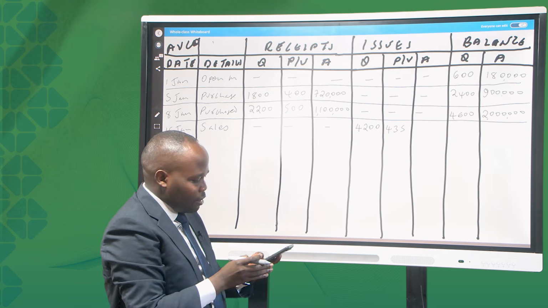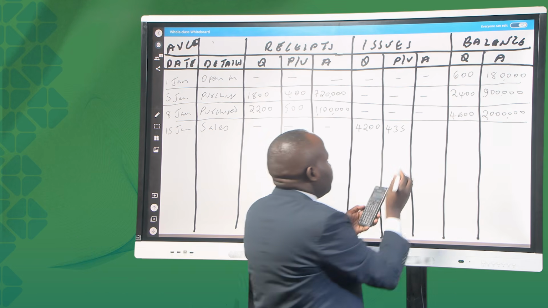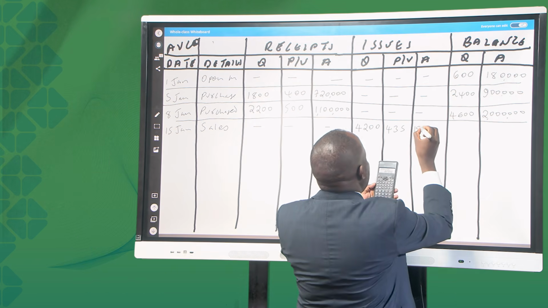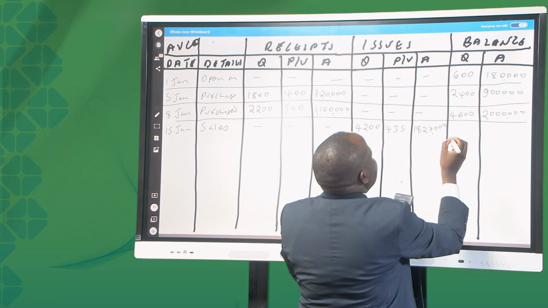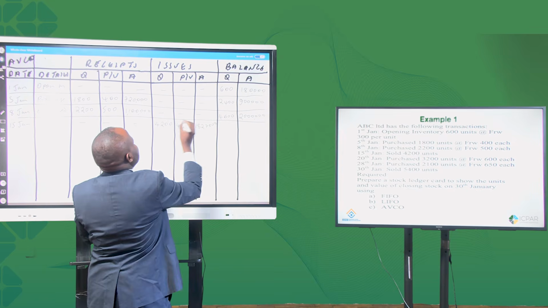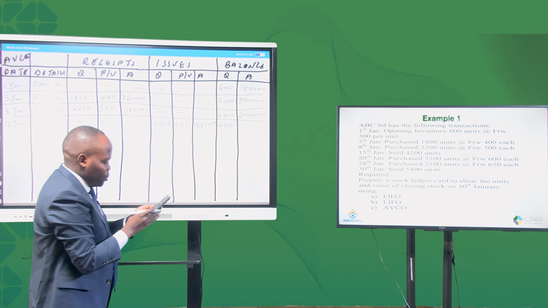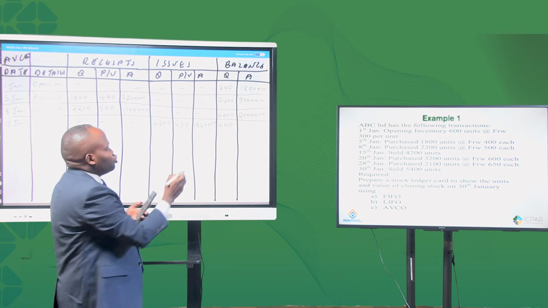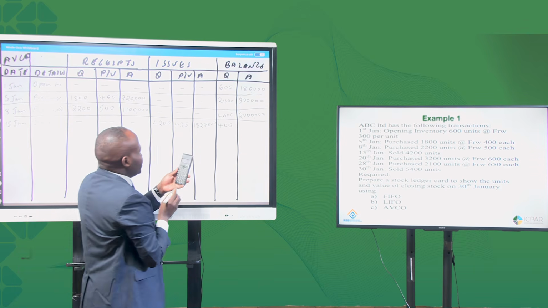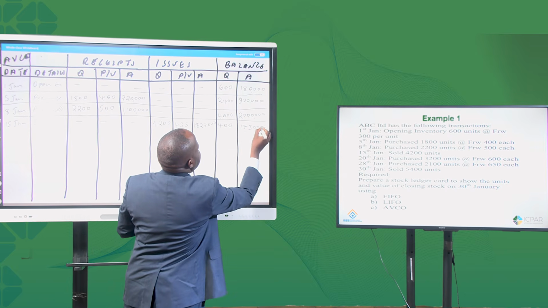So 4,200 times 435 gives us 1,827,000. Then you reduce by that. 2 million minus 1,827,000 gives us 173,000.